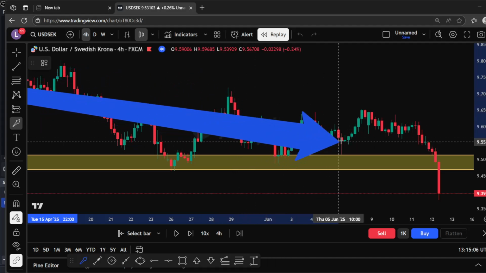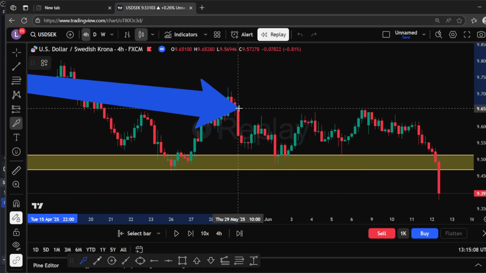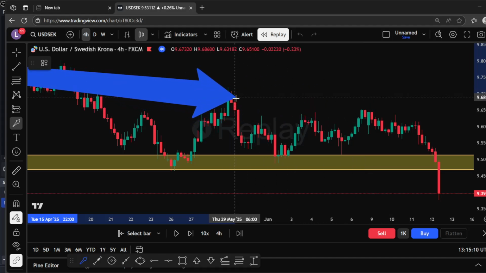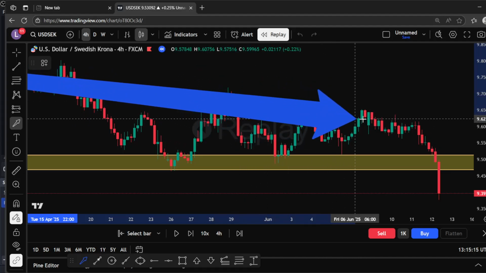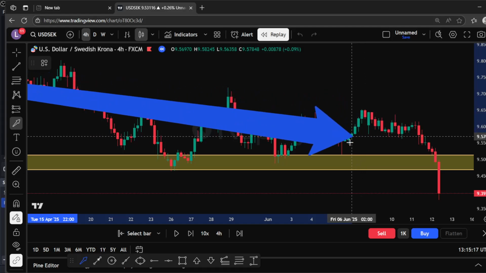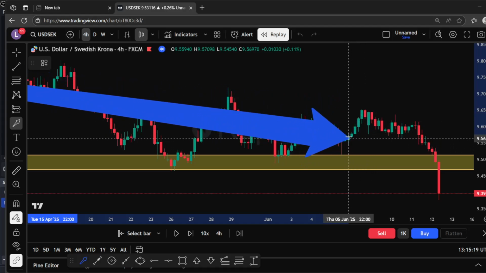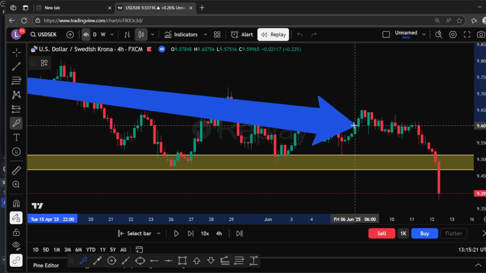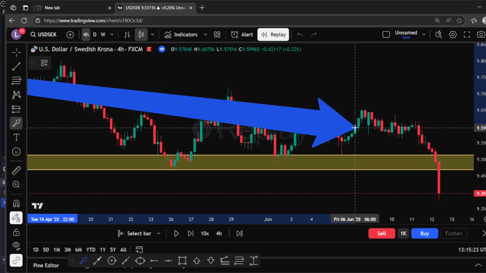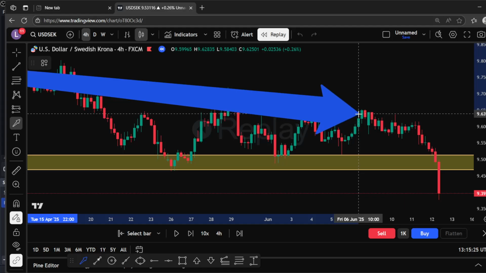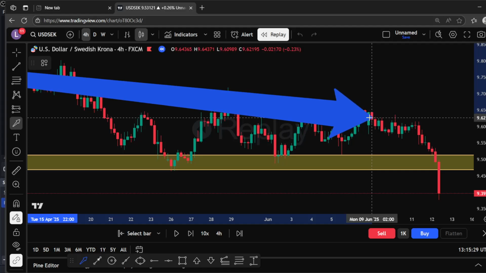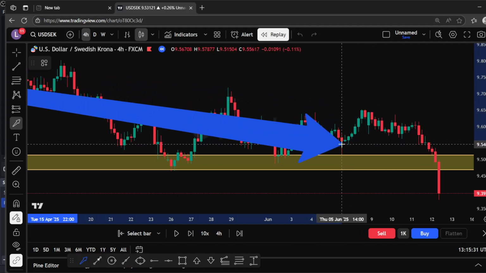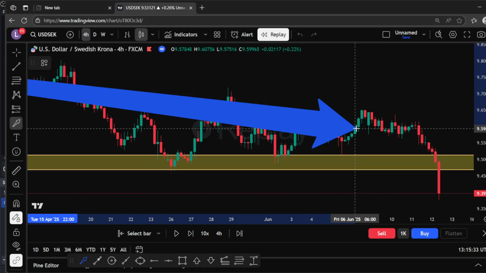So the market went up and then did not get to that high. Okay, so this is the first sign that you look for. We did not get to that high, so it is assumed that people that have gone long here, you can see these bullish candles going up, bullish candles closing above each candle, are still holding on to their trade.